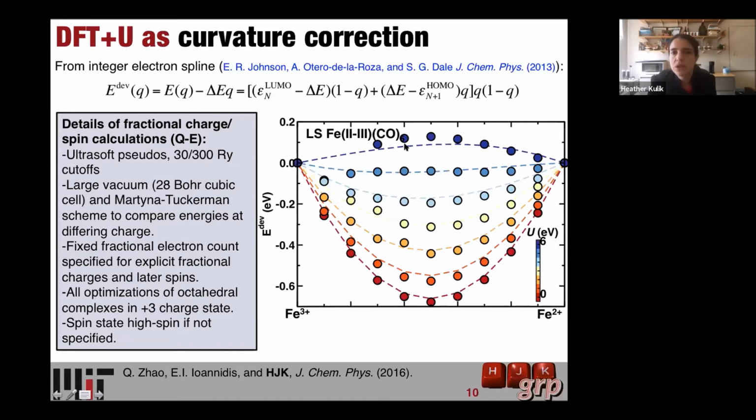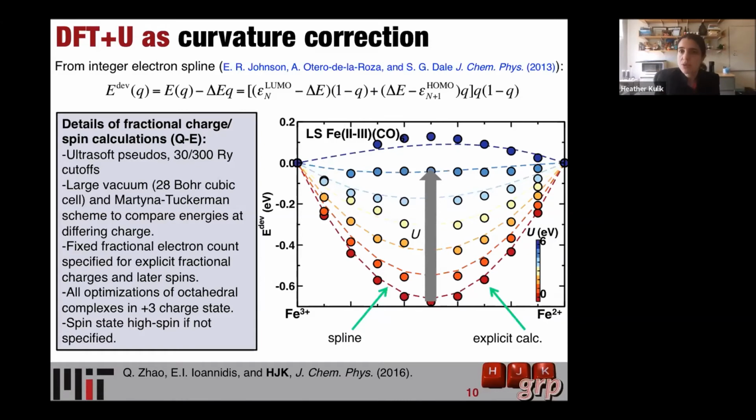And so in short, either the fractional charge explicit calculations or the spline shows that DFT+U, in fact, what we should want to see is a completely flat line here if we have piecewise linearity. This is just the deviation from piecewise linearity. And starting from PBE, if we incorporate a U term, somewhere around a U of 5 in the system, what happens is we actually recover piecewise linearity.